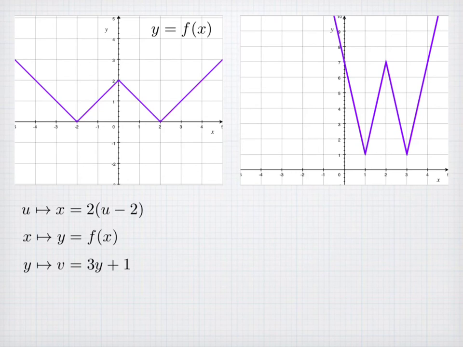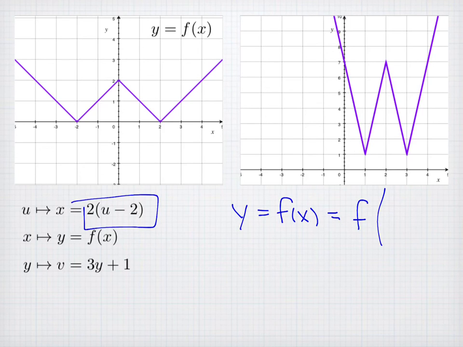Well, I'm going to take y equals f of x, and I'm going to substitute the formula for x. So 2 times u minus 2 is what goes into my function. Then I'm going to take that formula for y and plug it in.